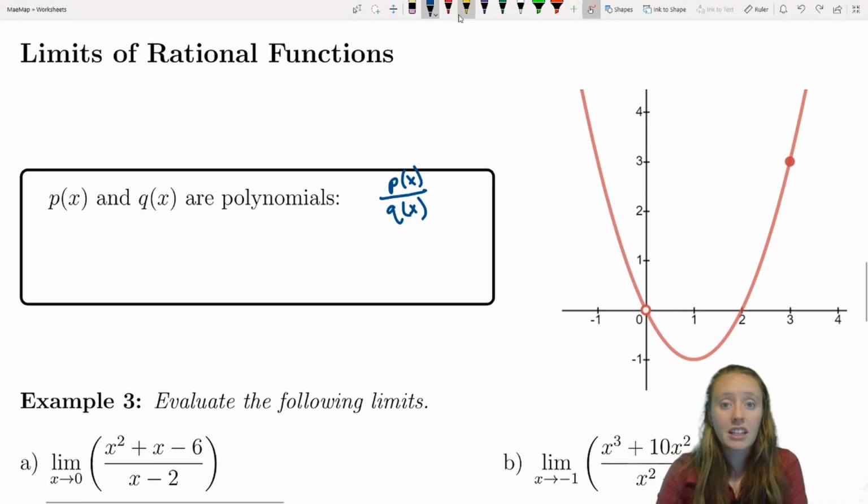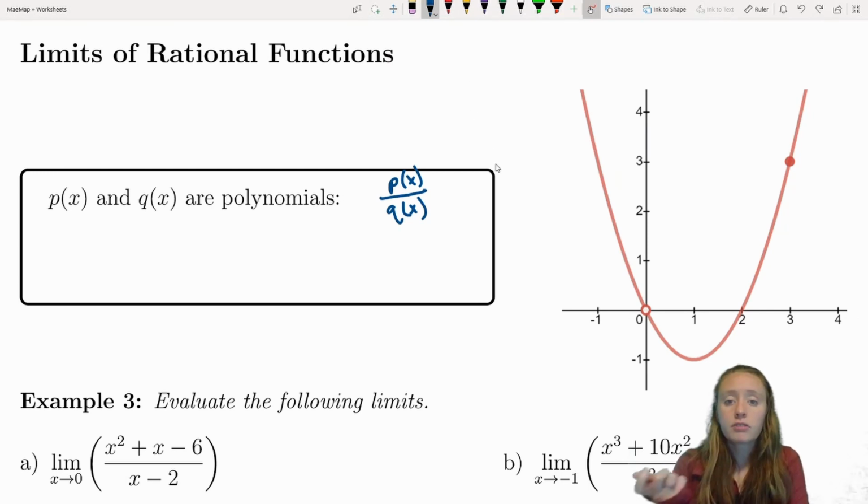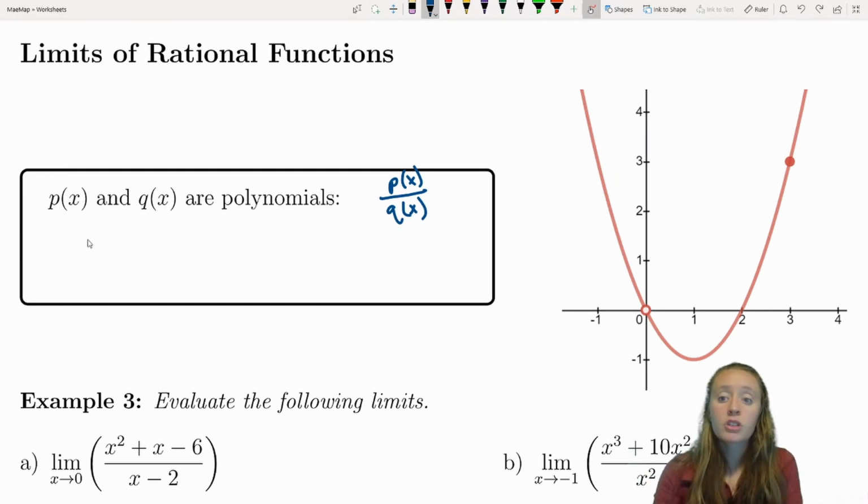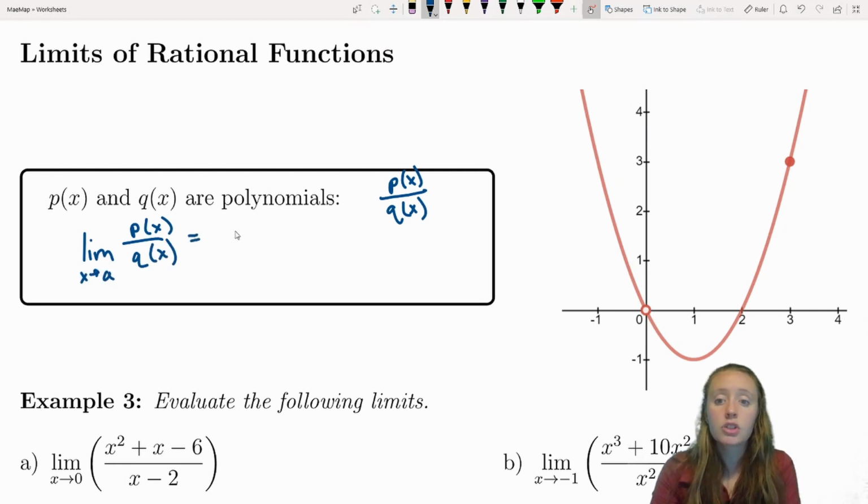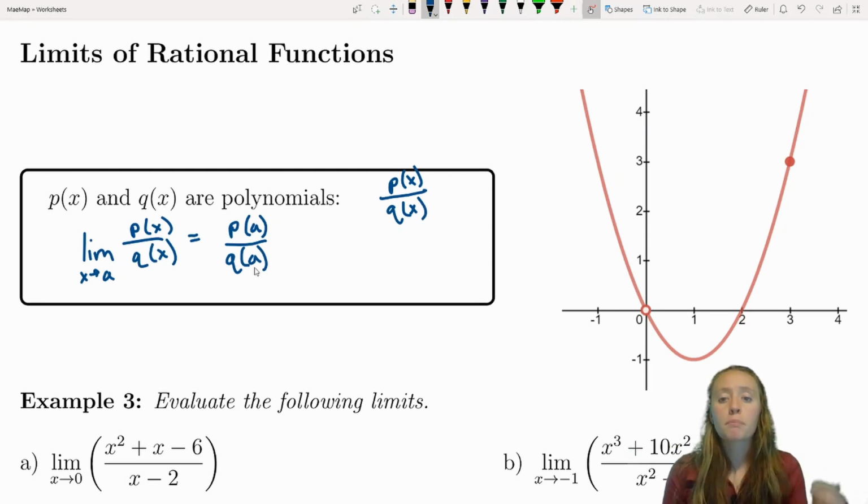So when taking the limit of that, just like up above, I'm going to plug a in for x in both of my functions. So the limit of my rational function, p of x over q of x, as x approaches a, is going to be equivalent to p of a over q of a. Just like with those polynomials and linear functions above, we're plugging in a to those functions.